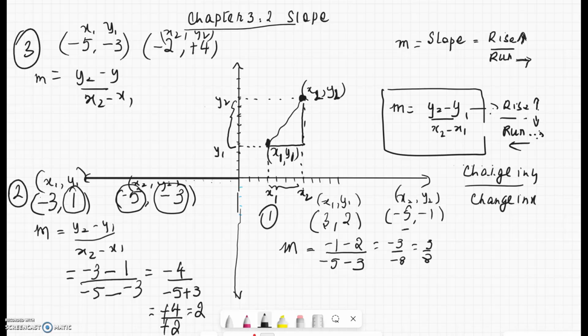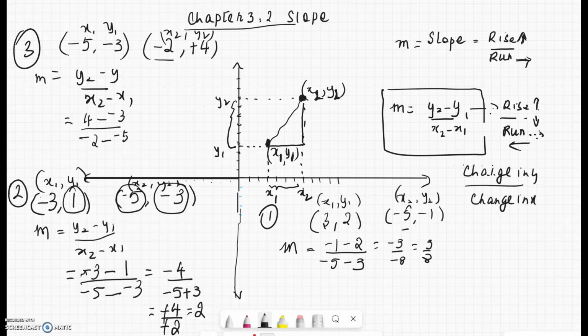So we'll calculate the slope by using the formula. It's change in y over change in x. y2 minus y1 is 4 minus -3. Be careful with the signs. Write down everything. And then you have x2 minus x1 is -2 minus -5.